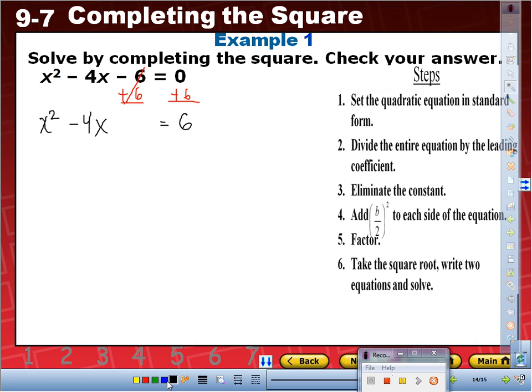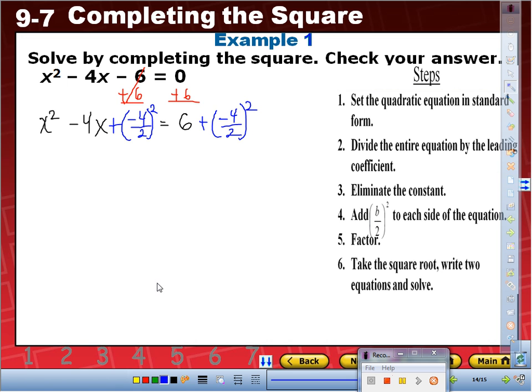So check this out. To complete the square, what is b? -4. So that means we add -4 over 2 squared. That's what we do to complete the square. And let me show you. And before I continue, since it's an equation, whatever we do to one side, we do to the other side.